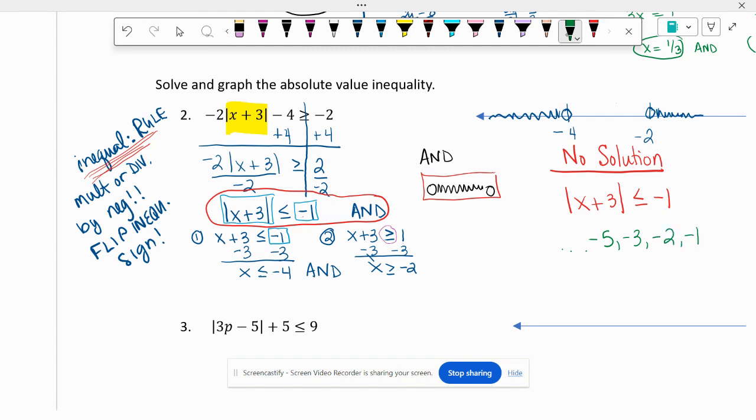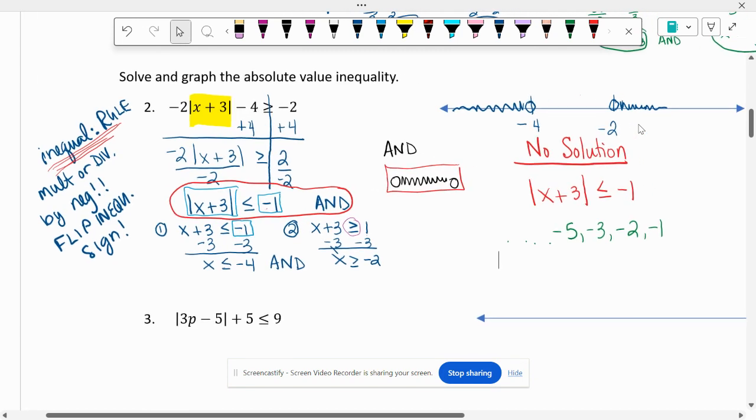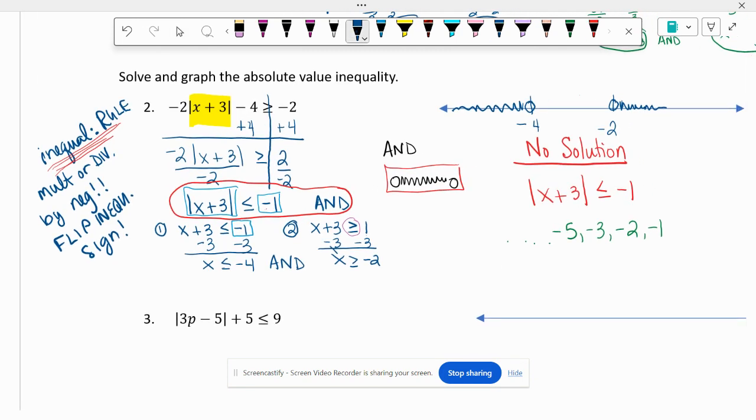And I know that there's a ton more. But I also know that the answer to an absolute value must be positive, right? And the only way that this would be true is if the symbol were facing the other way, greater than. And it's not greater than, it's less than.